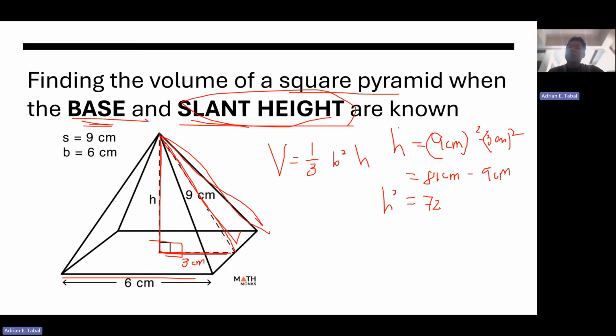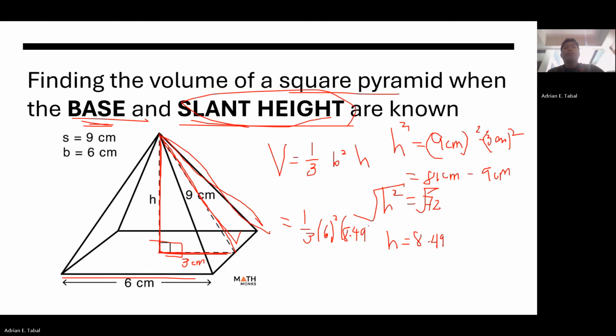So this is h squared. Extract the square root. The square root of 72 is equal to 8.49 something. You plug that into our formula, that's one third, our base area, 6 squared, times height, which is 8.49. Calculator.